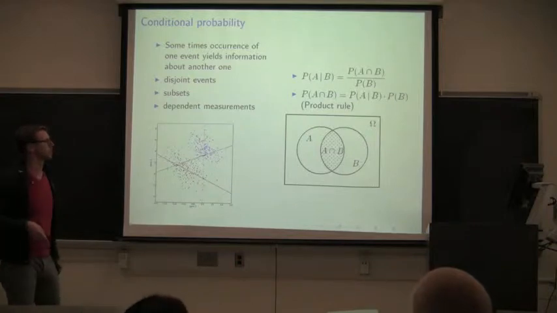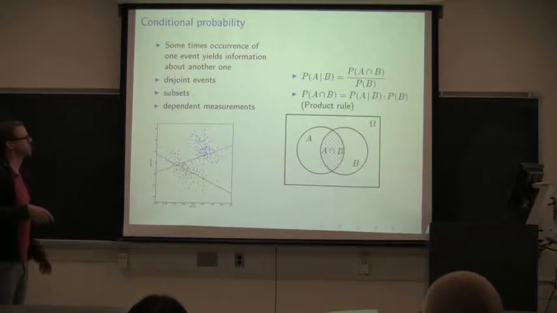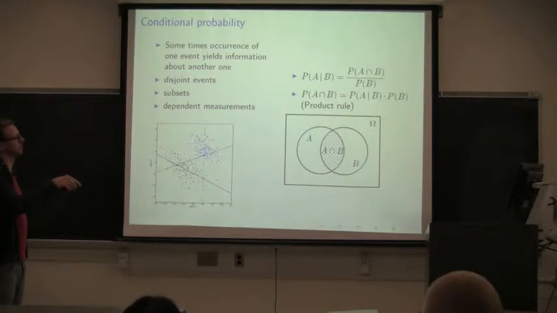These two rules are very important. The product rule gives us a way to write down the joint distribution from the conditional distribution and the marginal distribution of the other event.